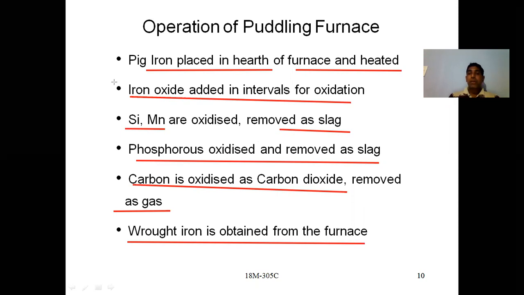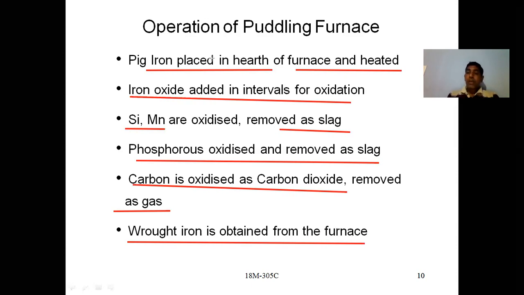I am repeating what we have discussed. See, pig iron is placed in the hearth from the charging doors. When the furnace is fired, you will get heat. Because of that heat, pig iron will be melted, and later we will send some fresh air blast, and while sending the air blast, we have to stir the molten pig iron continuously, such that it contacts the air and the impurities can get oxidized.